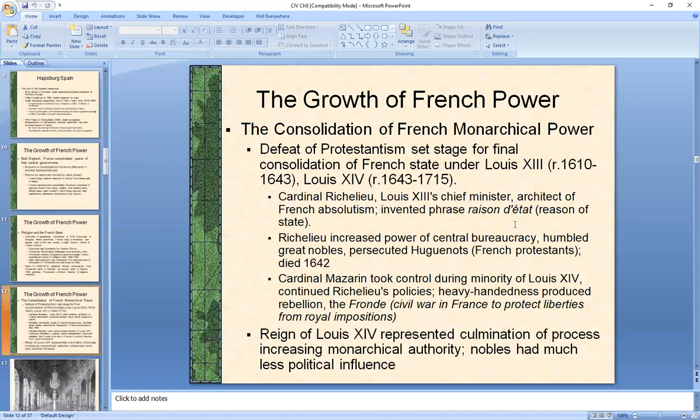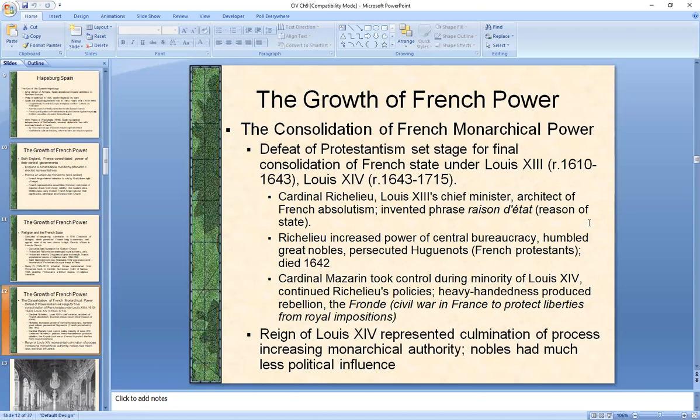Now, that religious toleration gets recalled, and let's jump to that. Here, you need to know that Cardinal Richelieu, who was Louis XIII's chief minister, developed this whole idea of French absolutism, and invented a phrase, raison d'etat, which means reason of state.